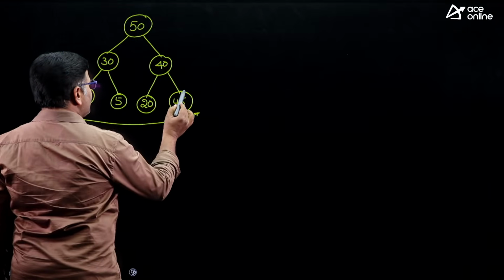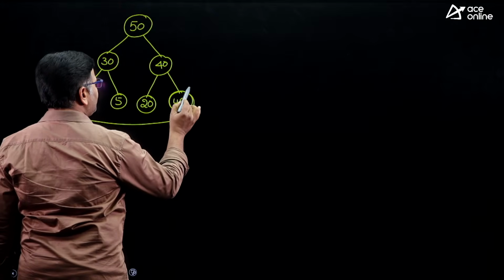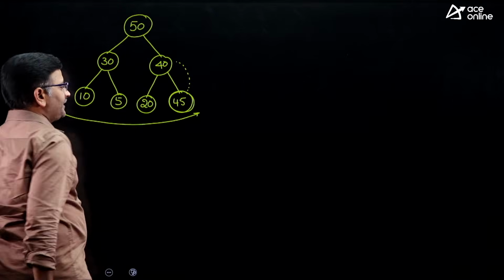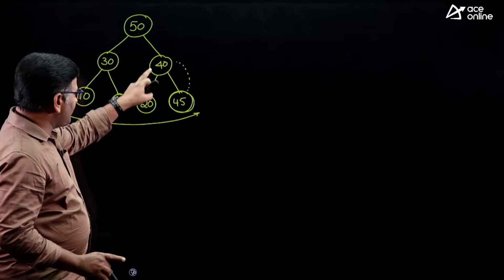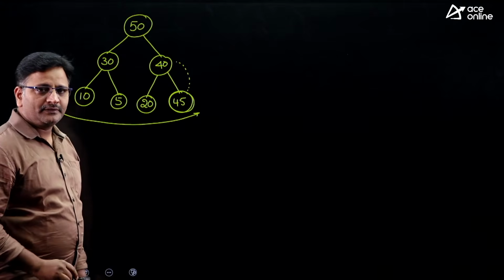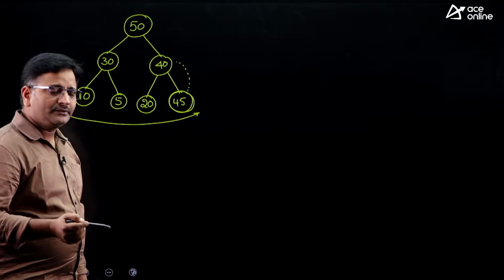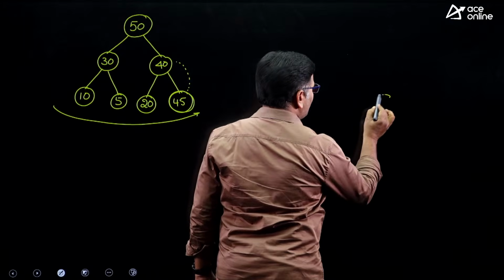The moment you insert any element, you have to compare it with its parent. In a max heap, the parent must be greater than its children. But how do you get the parent index? In a heap tree, there is one concept here.